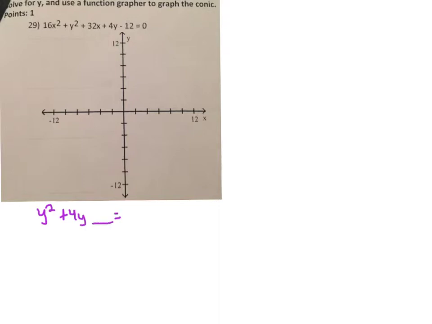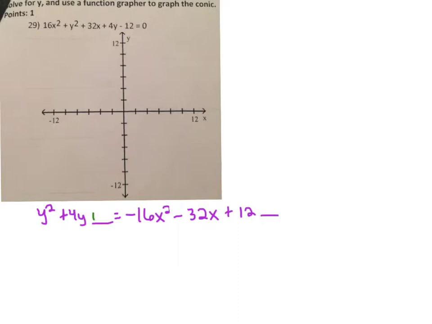If we were doing standard form, we'd leave the x's on the left side and we'd complete the square twice. But if we're just solving for y, we only need the y's over on the left side. Remember that when you're moving things, that you have to change their sign. So this is -16x squared minus 32x plus 12. Now we're ready to complete the square on the y's.